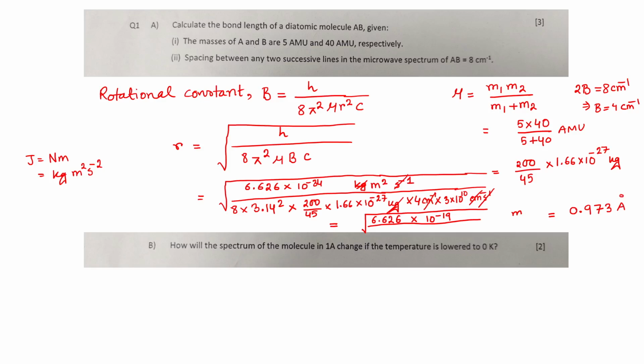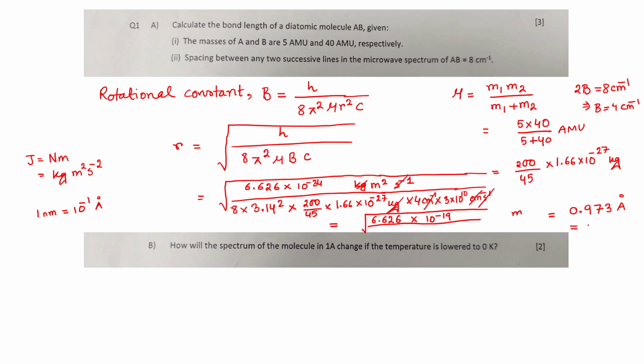This in nanometer, how much would it be? One angstrom is 10 to the power minus 10 meter, right? Yes.